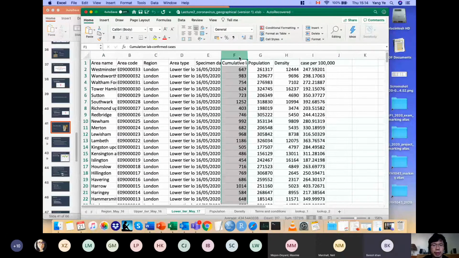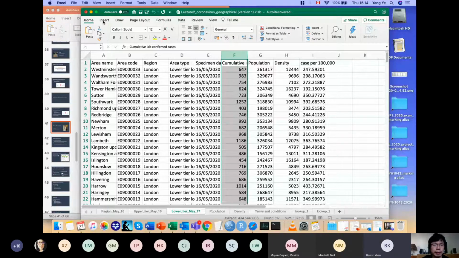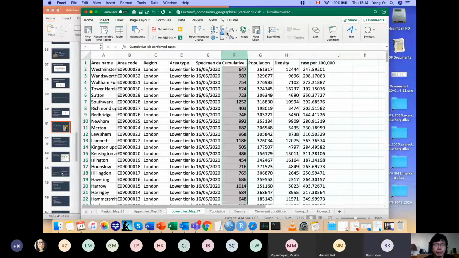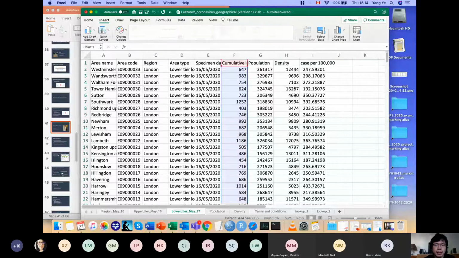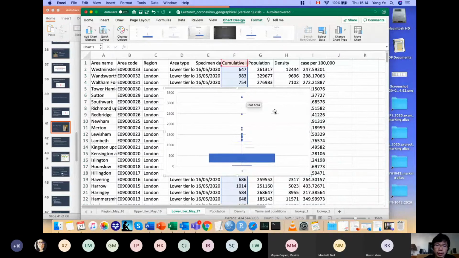So what does the grouped box plot tell us, right? By making a grouped box plot or side-by-side box plot, we are already starting to answer some interesting questions about what influences, first of all, the differences between different regions at the lower tier local authority level in the coronavirus.